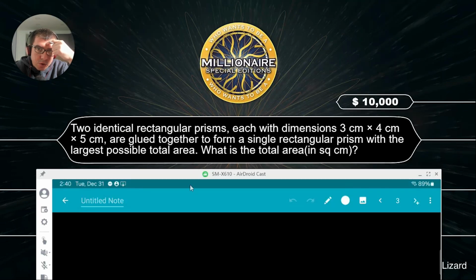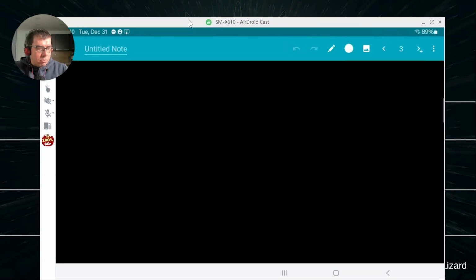We have to choose which face is going to be glued to which other face, right? We need the largest possible total area. So let's try to figure out some cases.